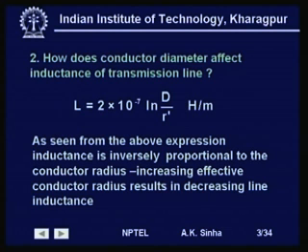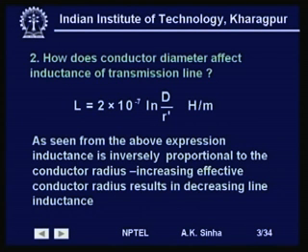Next question was, how does conductor diameter affect inductance of a transmission line? Well, if you remember the equation for inductance, which was L is equal to 2 into 10 to the power minus 7 ln d by r dash Henries per meter.